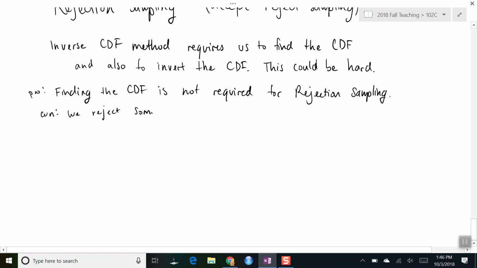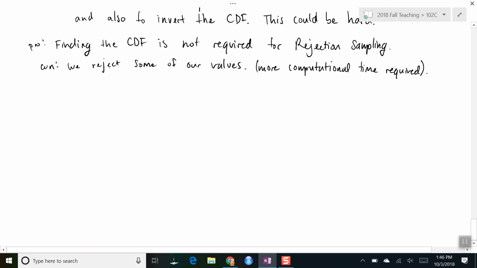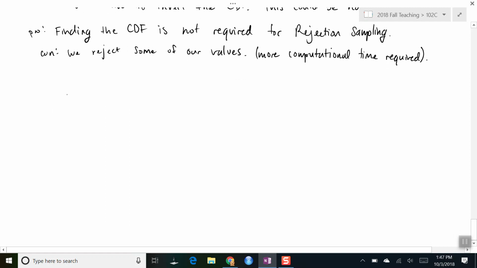So that's the pro, the plus. Okay, but the con is that we throw away some of our values. We reject some of the values. Okay, and you might end up rejecting a lot of values, and so that's, you know, more computational power, right?